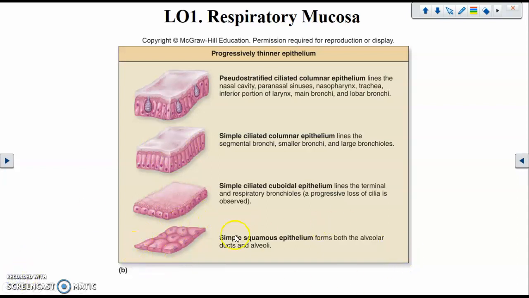As you go down lower, specifically in the alveolus, especially in the respiratory zone, what happens then is you need to have gas exchange. And so this is why you have a simple squamous epithelium, so that gas, oxygen, readily diffuses from an area of greater concentration to lower concentration.